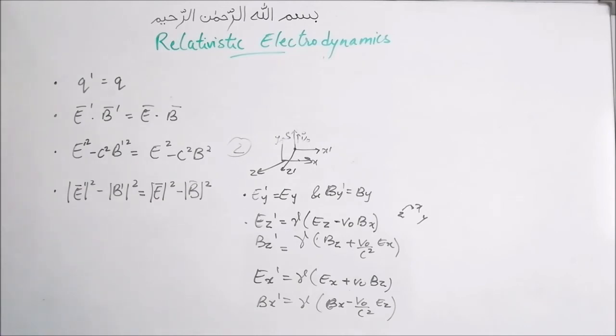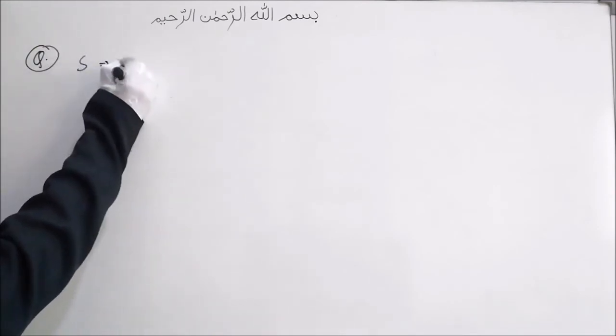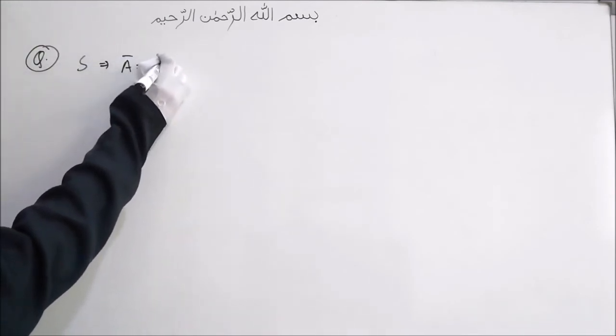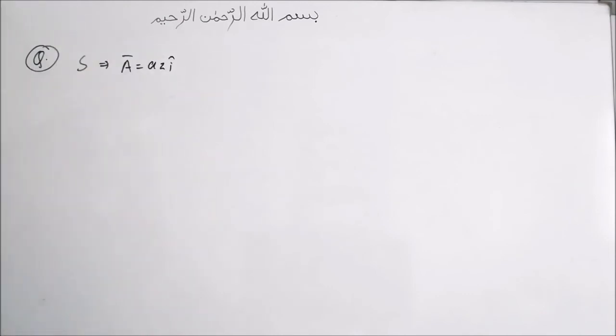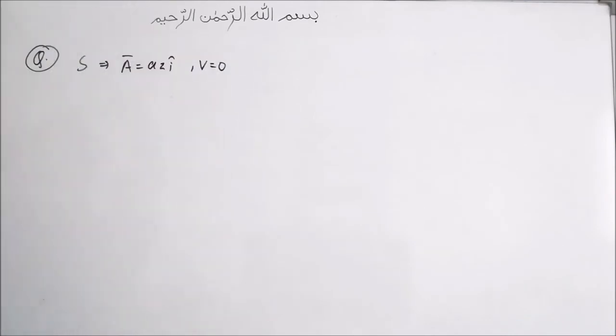Let's look at some examples. In an inertial frame S, the magnetic vector potential in a region of space is given by A bar equal to A z I hat, where this A is some constant, and the scalar potential in this frame is 0.